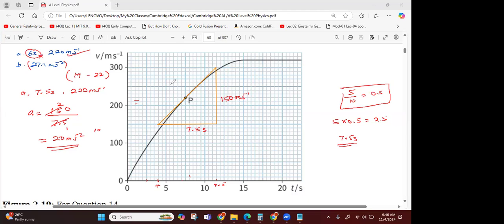I think because of that you made the mistake and got the acceleration wrong too. So do you understand the methodology? You have to be very careful when marking these values. You have to consider how much each box is worth, its magnitude.